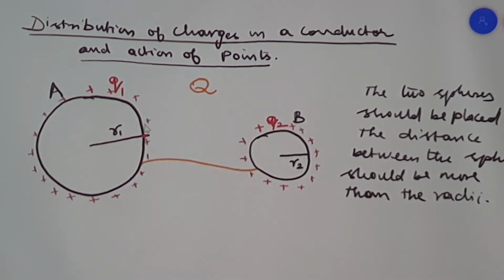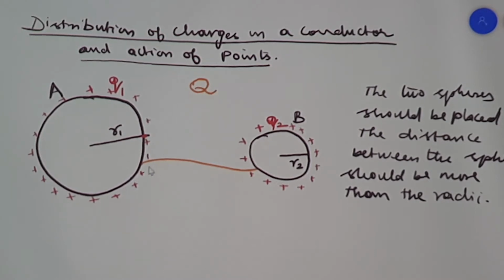So we have considered two spheres A and B of radii R1 and R2 respectively. The two spheres are placed such that they are separated by a small distance, and the distance between them is greater than the radii of the spheres.